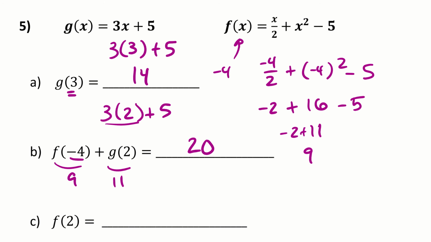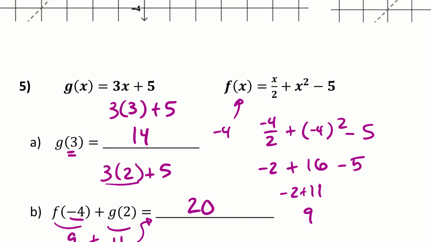And then finally, we're asked to evaluate the function f when it receives the value of 2. So if I plug 2 into the function f, that's going to become 2 over 2 plus 2 squared and then minus 5. 2 over 2 is 1, so this is going to be 1 plus 4, right? 2 times 2 is 4.